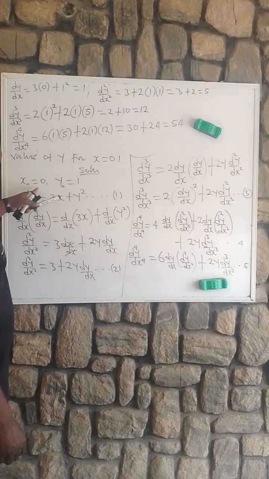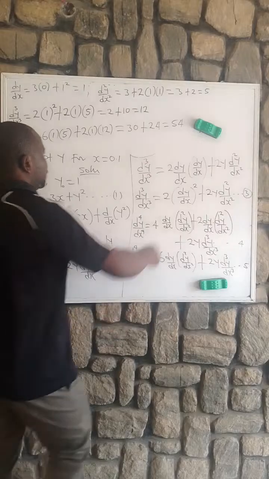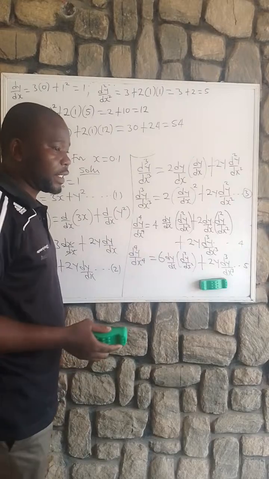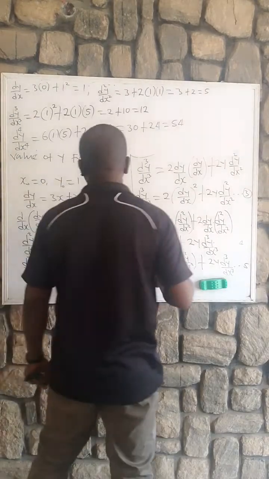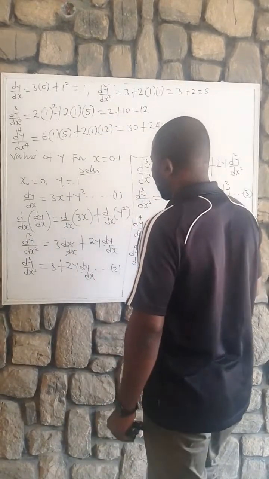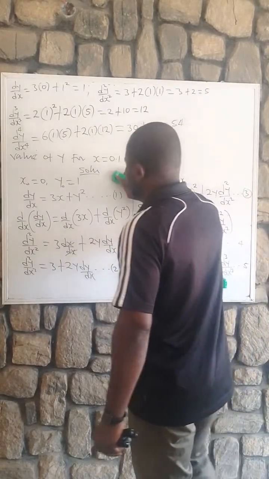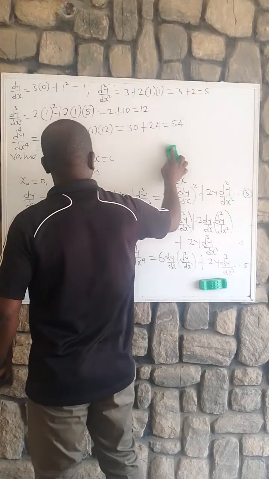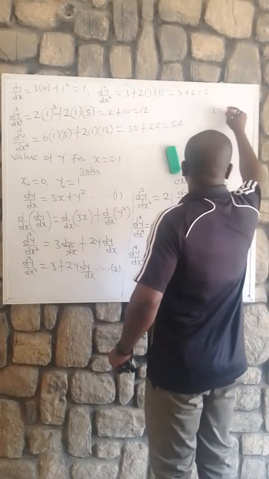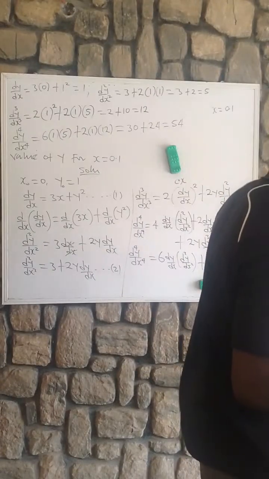So our x naught, I can clean everything here, right? Okay, so let's recall our Taylor series. Given x equals 0.1, I think so.